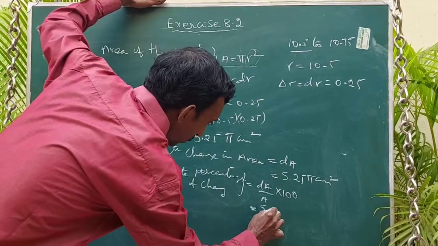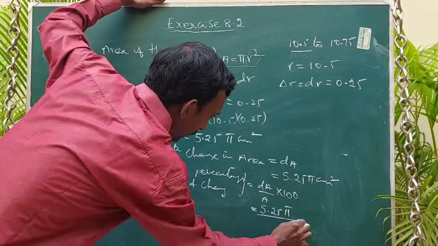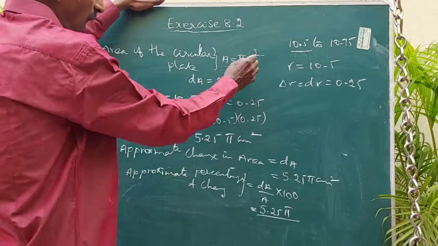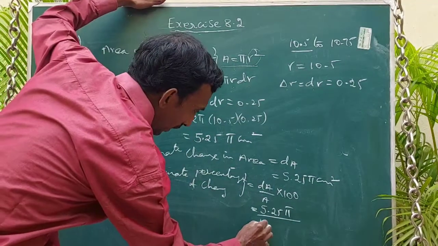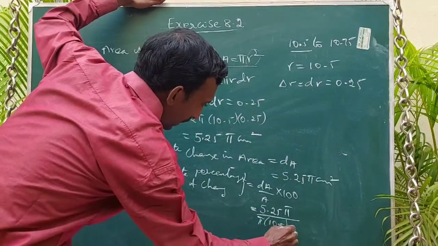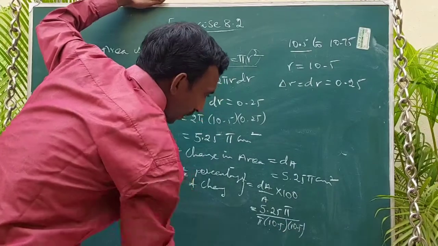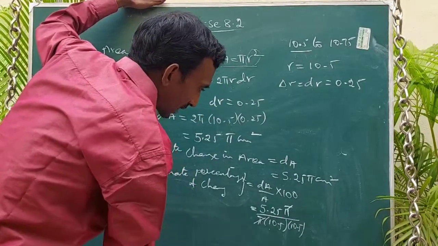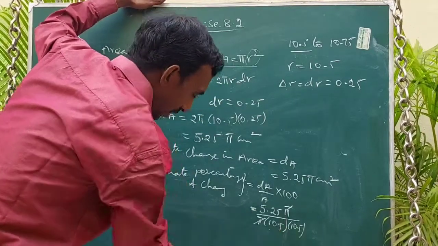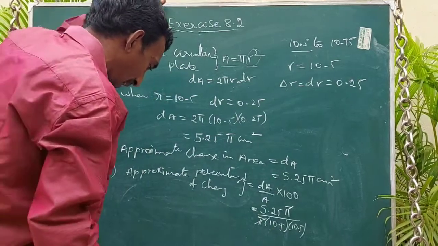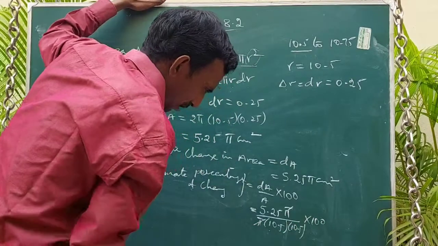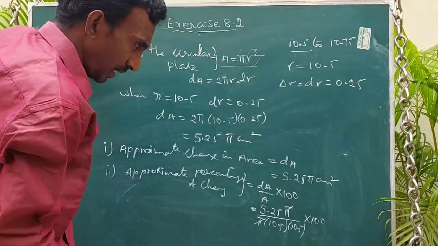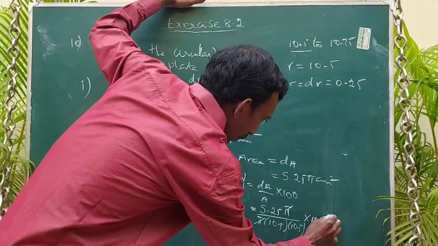So 5.25 pi divided by A, putting r equal to 10.5, so pi into 10.5 into 10.5. So pi cancels. Here 2 decimal places, here also 2 decimal places, we can leave those.